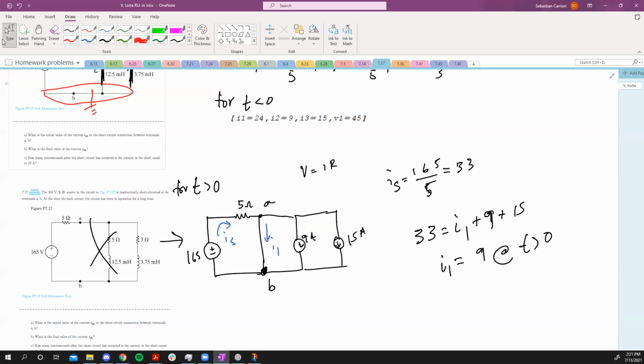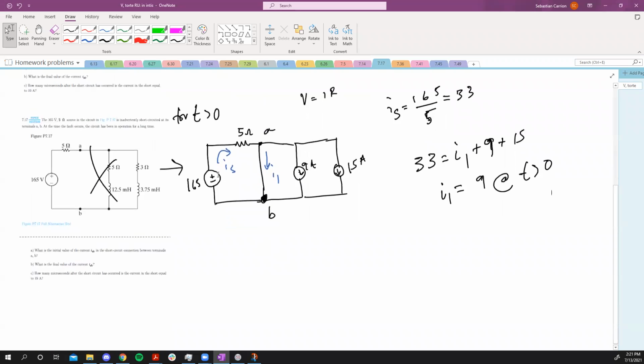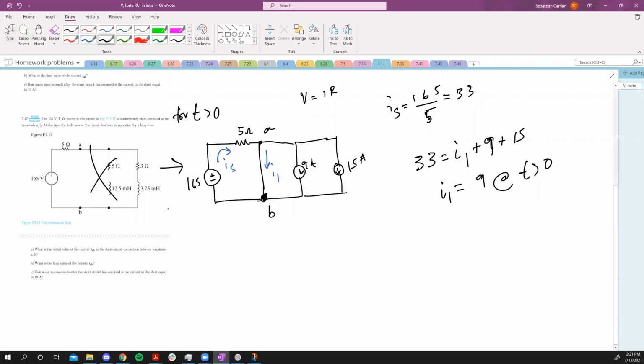Okay, so this is our answer to A. Now B: what is the final value of the current IAB? There's no real need to analyze the circuit here.